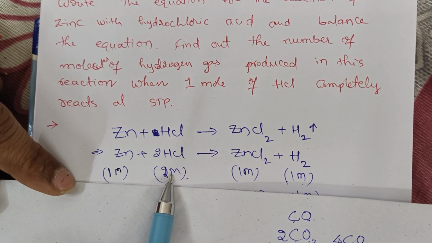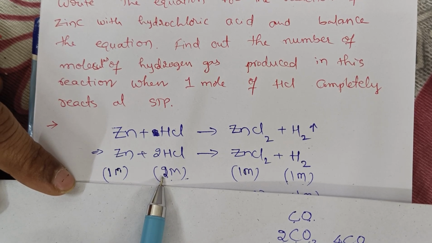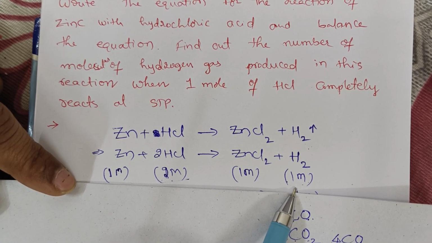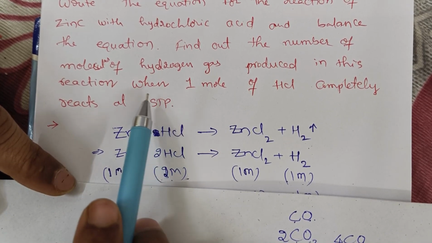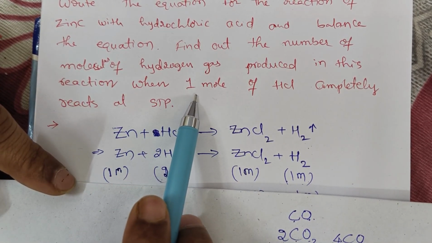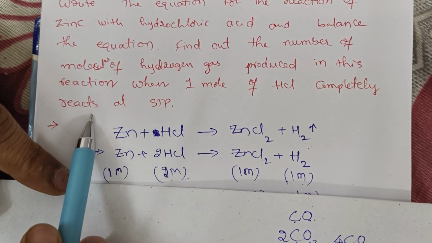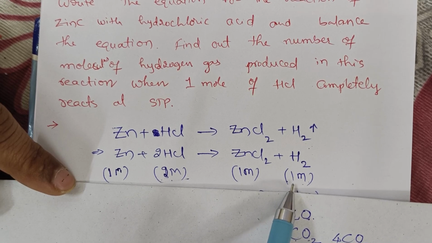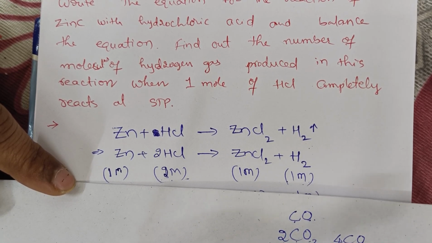So if you have 2 moles, you get 1 mole, and if you take half of that, half will be produced. And he gave here 1 mole of HCl completely reacting at STP. So, as I said, it will give half mole of hydrogen gas.